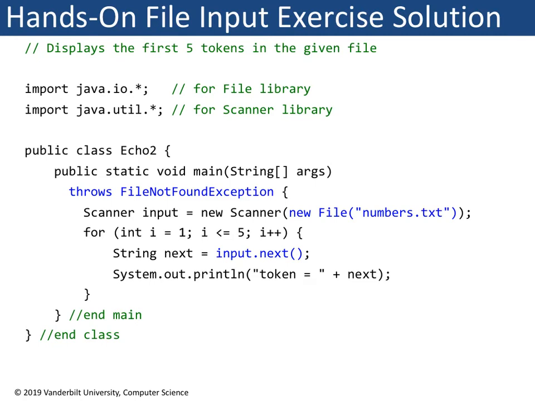And rather than nextDouble, we're going to use input.next, which is going to read the next token from the input object stream. And we're going to store it in the variable called next, which is of type String, and then we will print it out to the console.